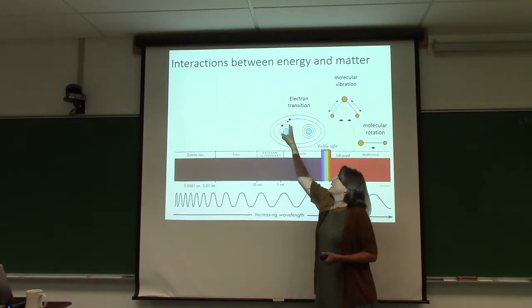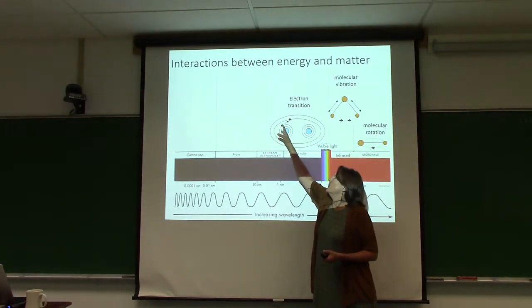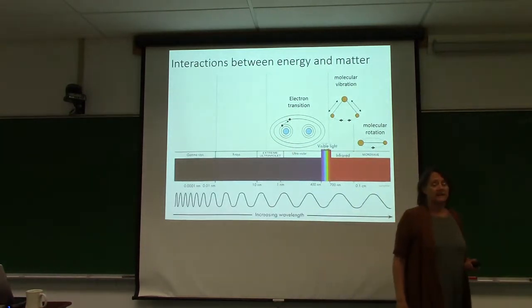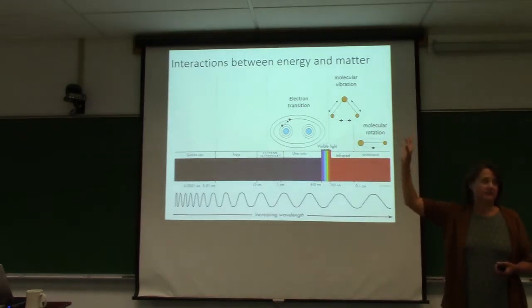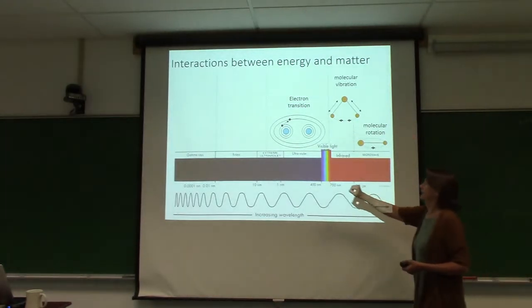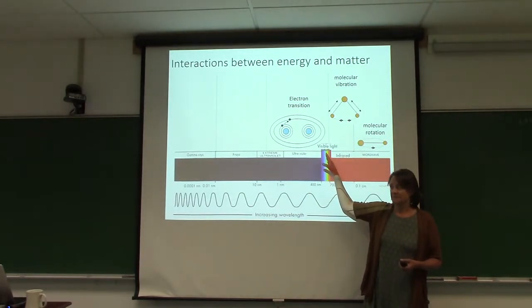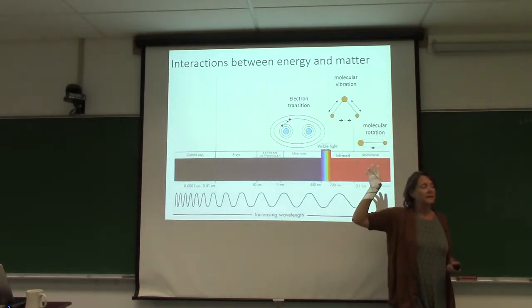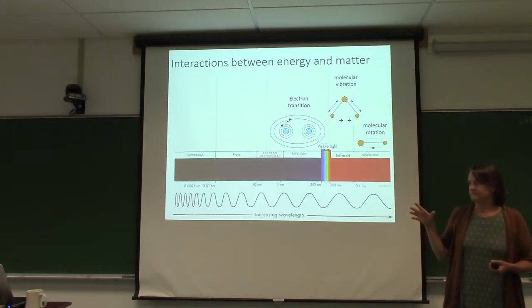An electron that might be in some shell absorbs enough energy that it moves to a higher energy state, or electronic state. It takes a lot of energy to move electrons. It takes the energy equivalent of an ultraviolet or visible photon to do that. So anytime a molecule is absorbing light, that's what's happening to it.